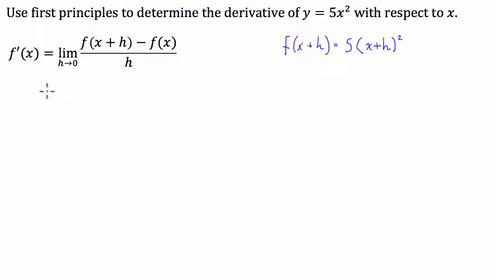So this is going to be equal to the limit as h approaches 0 of, I like to put a bracket just to separate it, f of x plus h, which is this, minus f of x, which is just this, all divided by h.